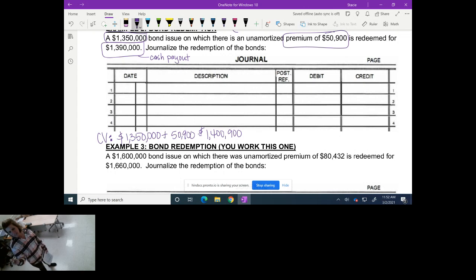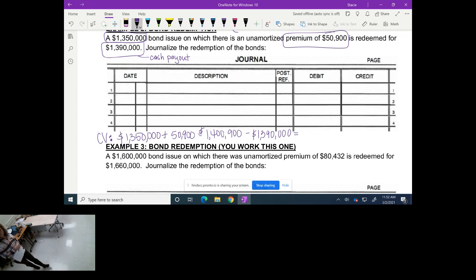All right, so we'll take that carrying value and subtract out what they had to pay to redeem the bonds, and we come out with a positive number. So 9,100, is that right? Shouldn't it be 10,900?